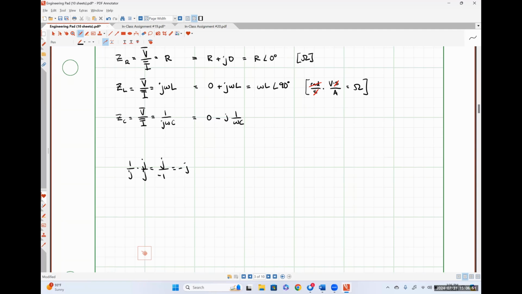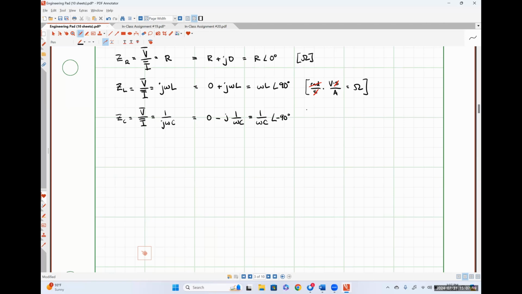So 1 over J is the same thing as negative J in the numerator. So that's where that negative sign came from. So from this, we can see that capacitors contribute negative reactance to a system. And then in polar form, this is going to look like 1 over omega C with an angle of negative 90 degrees.